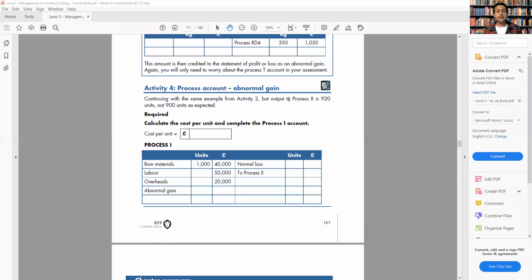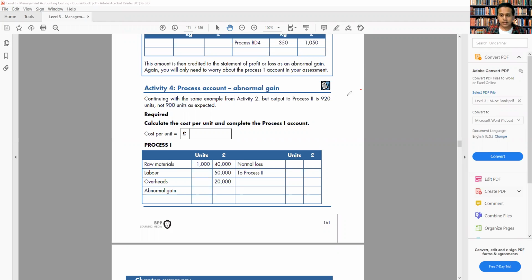So you see that this time it is 920 unit. If you remember, our plan was 100 will be lost and we have 900 unit here, but actually now we can see it is not. So we make more than we have expected.